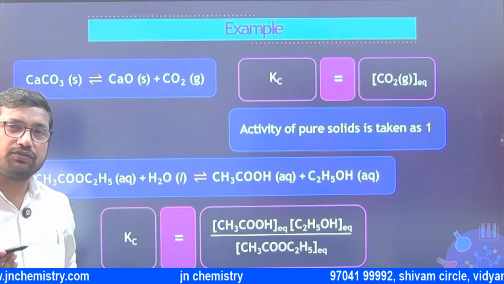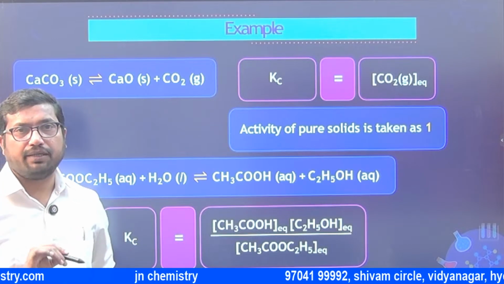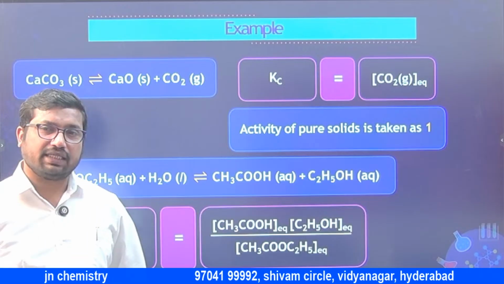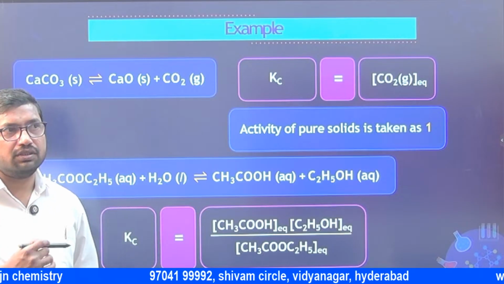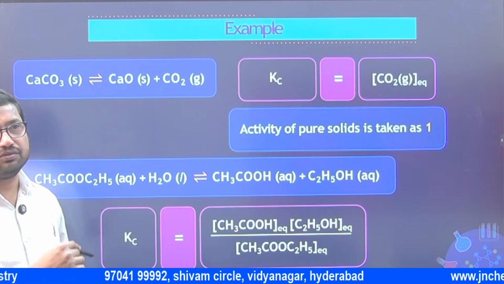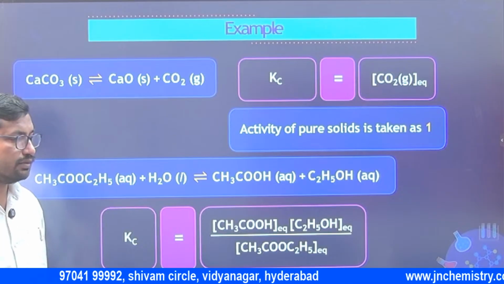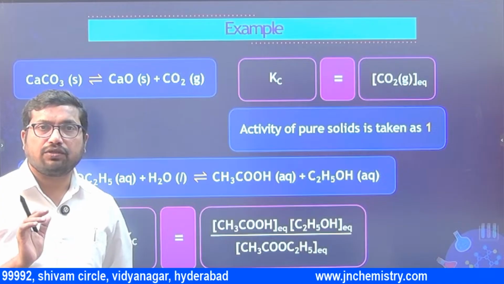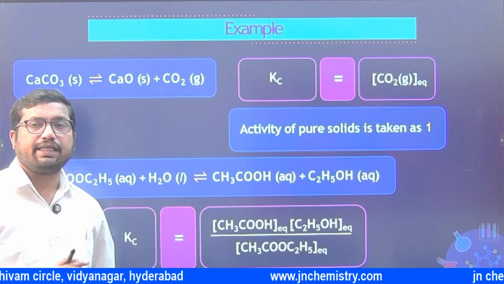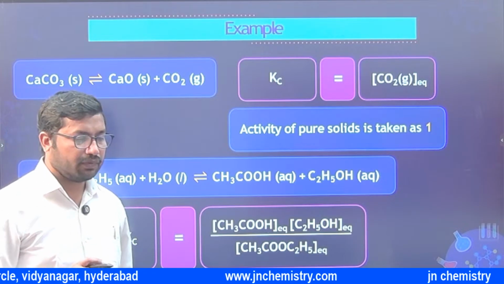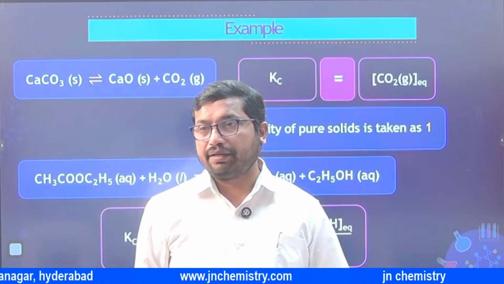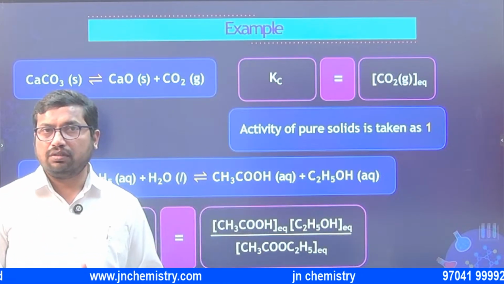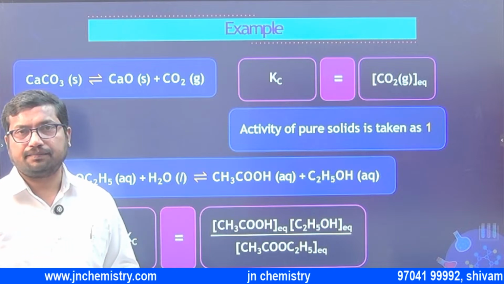Earlier we were studying only important points, but now they are asking anything, like statement 1, statement 2, which is right or wrong. Chemical and ionic equilibrium are one of the crucial parts for JEE as well as NEET. I'll give you a number of numericals, and previous year questions we will do in the next class.